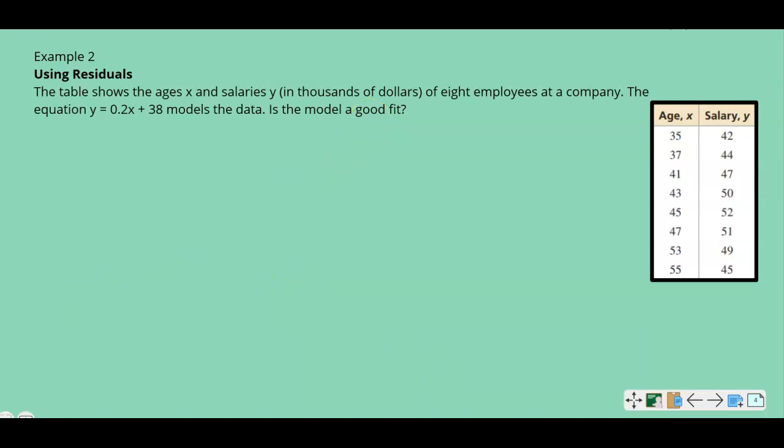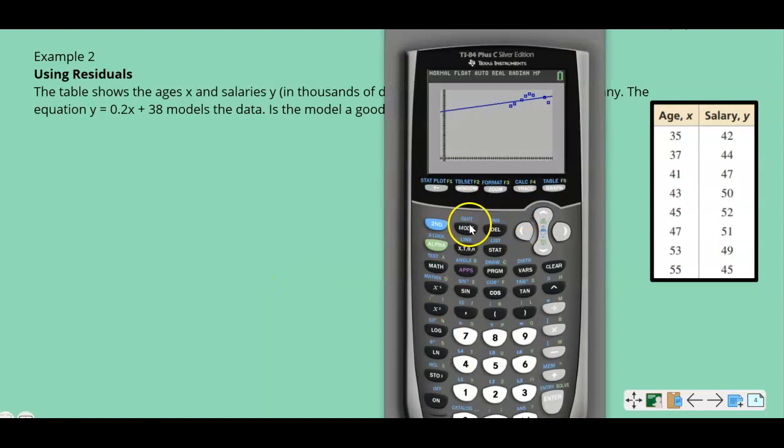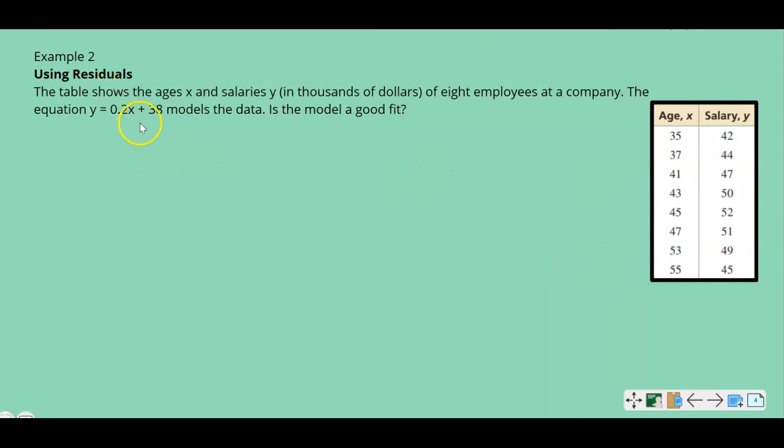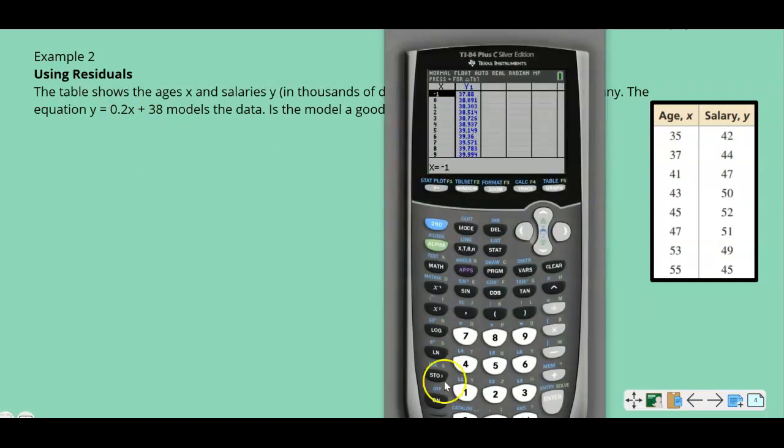And if you want to look at the residuals, you can do that as well. Remember, you can go second table. You can take your y values and put them down here, and then you find the difference of your y's from the table to the y's from your data set. Now this equation here should be very similar.